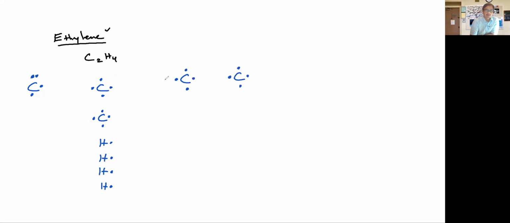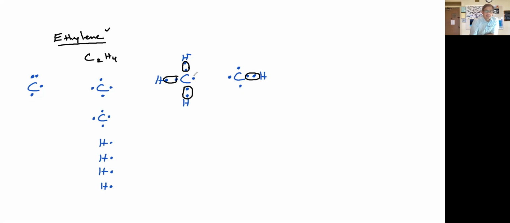Now you can start playing around with this, and let's say then that you had 3 of the hydrogens attached to one carbon, and the 4th hydrogen attaches to the other carbon. We said that all 4 can't be attached to one carbon. But what about 3? Let's see if this works. Okay, right. So in this case here, all the hydrogens have their duet. Okay, they seem to be fine.